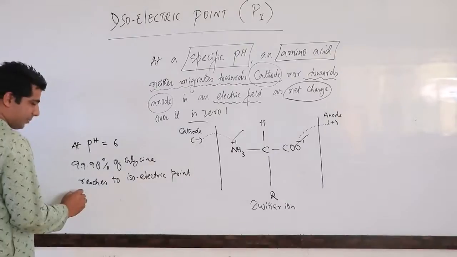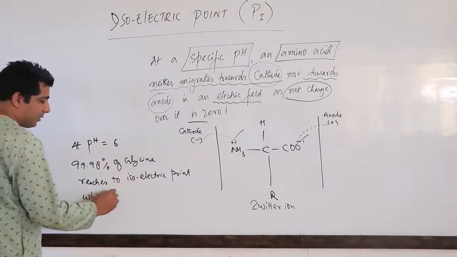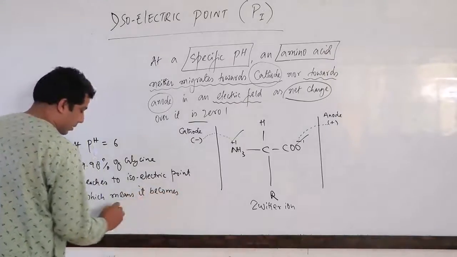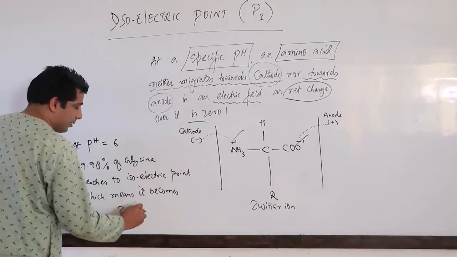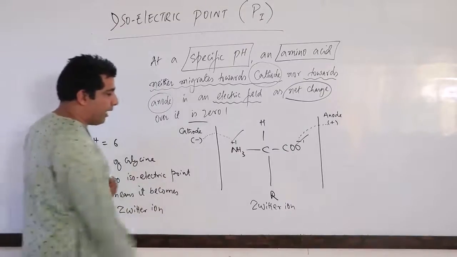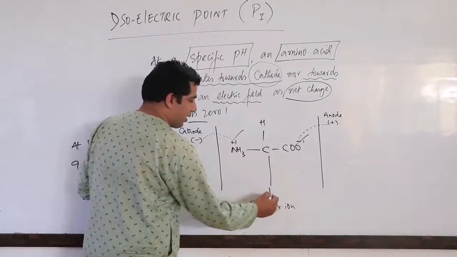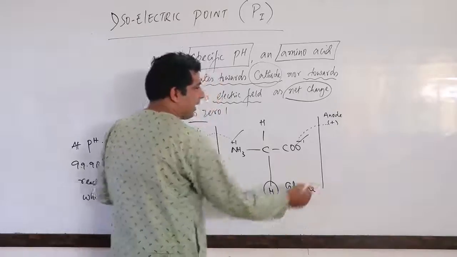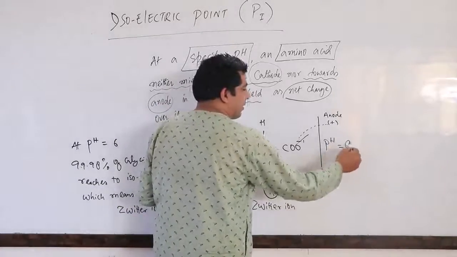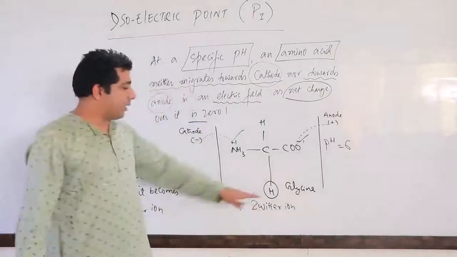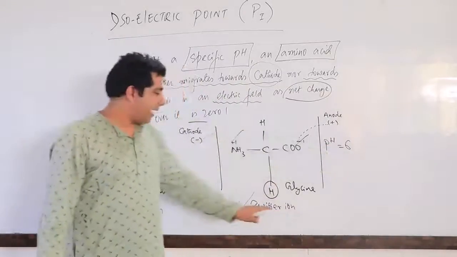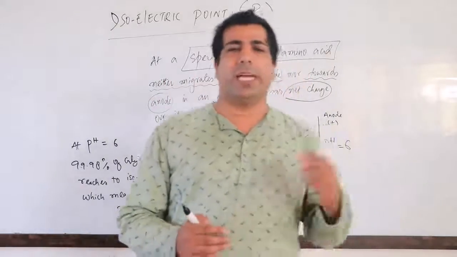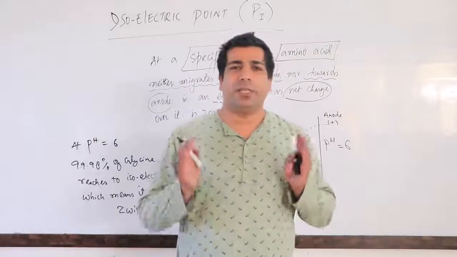Which means it becomes a zwitter ion. So if I remove this R and put here H, now this will become glycine. So this glycine at pH 6 will act as a zwitter ion. It will neither move towards cathode nor towards anode. So the net migration will be 0.